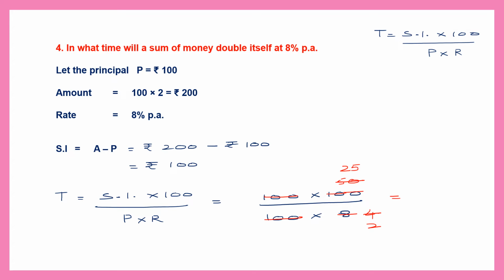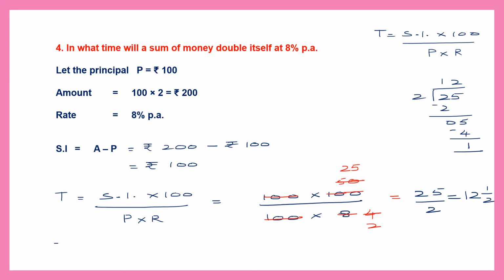So here what do we have? We have 25 by 2, which is an improper fraction. We'll convert it to a mixed number. Divide 25 by 2. 2 ones are 2, minus 5. 2 2s are 4, minus, we have 1. So this will leave it as a mixed number here. So that will be 12 and 1 by 2.